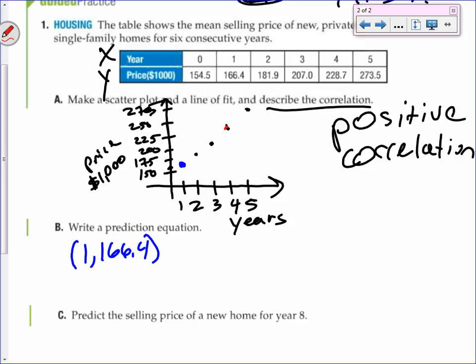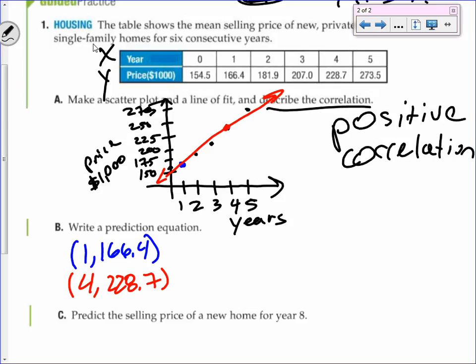I'll pick this point, which is 4, 228.7. I picked those 2, and we drew a pretty straight line there. That's kind of a line of best fit. If you pick 2 other points, our answer should be pretty similar still.